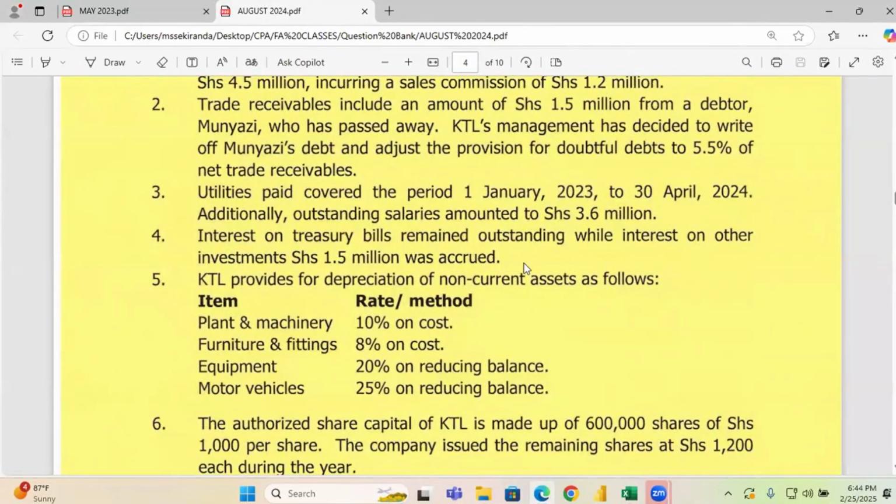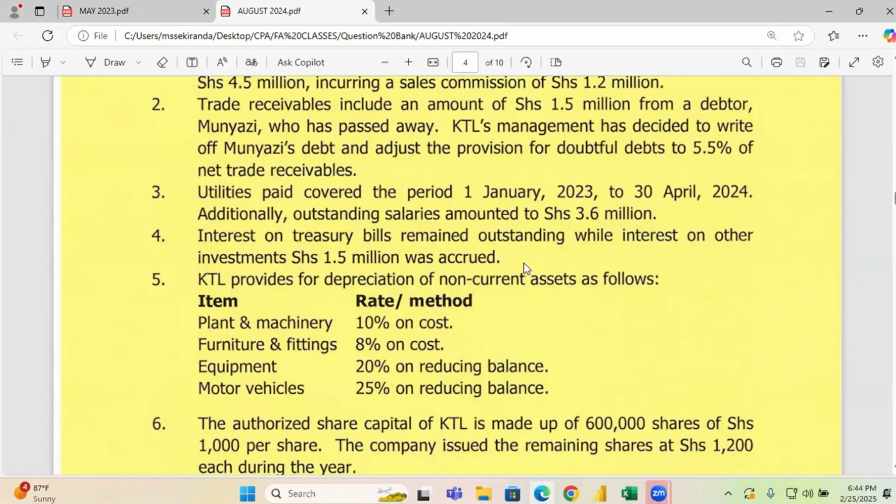accrued. And if an income is accrued, it is an asset because you have earned it, but you have not yet received the cash. Okay? If it's a fixed deposit, the period has elapsed, but you have not yet received the cash.